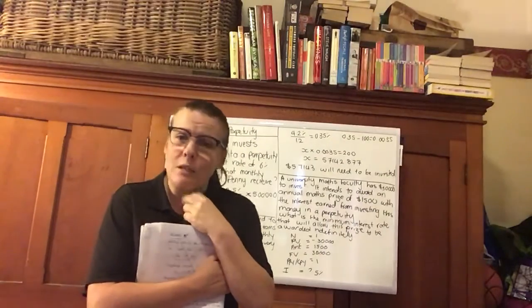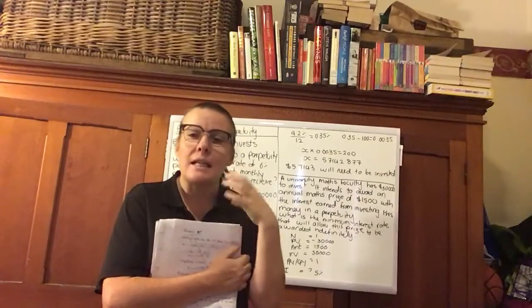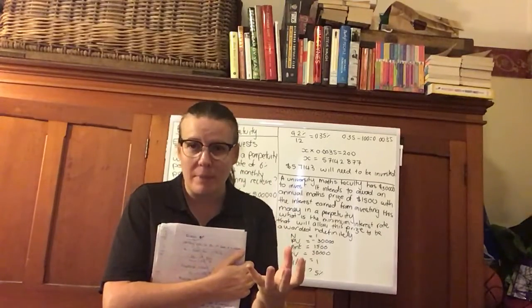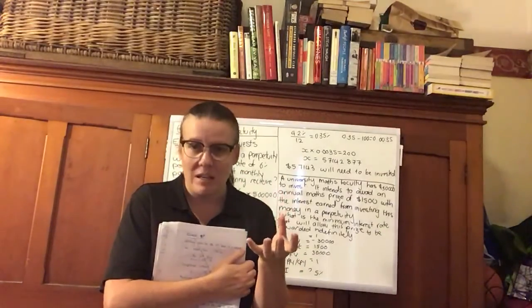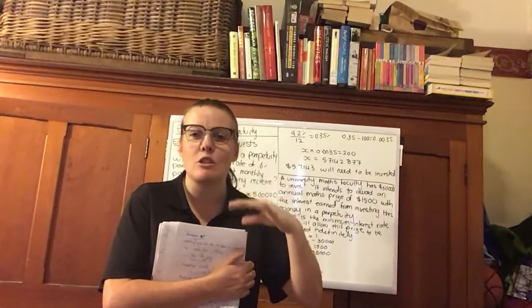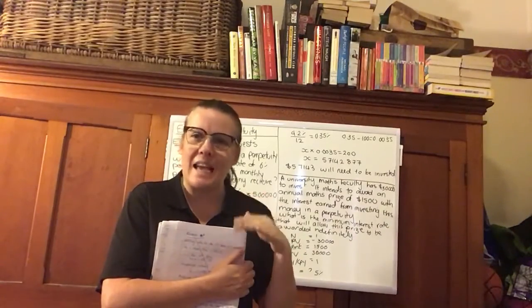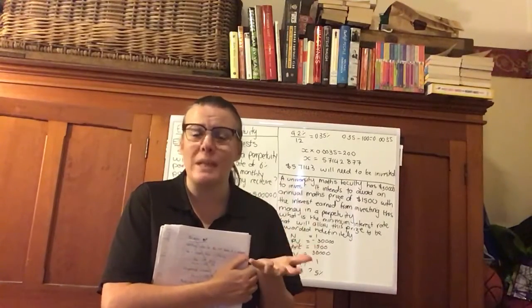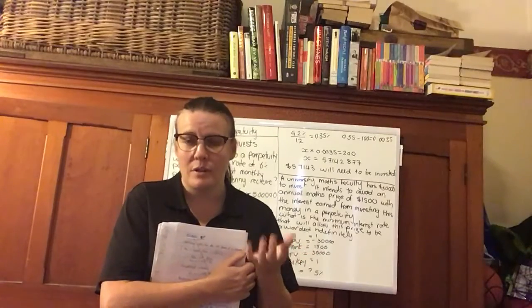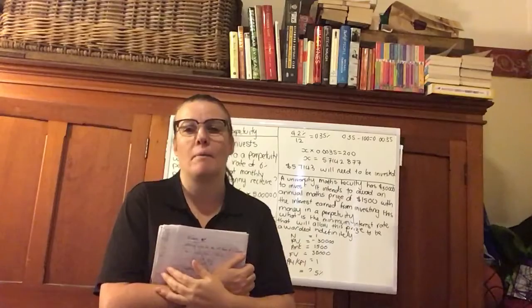In an annuity, which we covered in the last lesson, that is also an investment. However, the interest and the investment is paid out slowly over time. And at the end of the annuity, there will be nothing left. So those are the key differences between a perpetuity and an annuity.